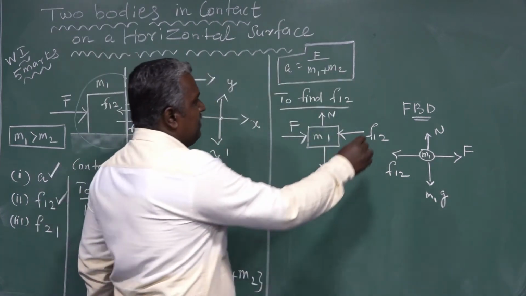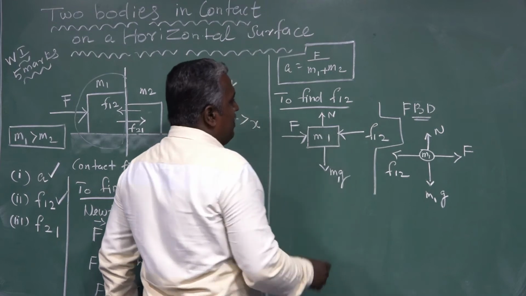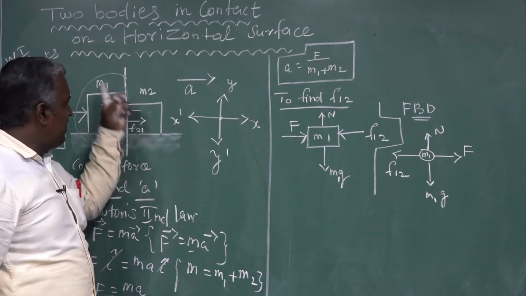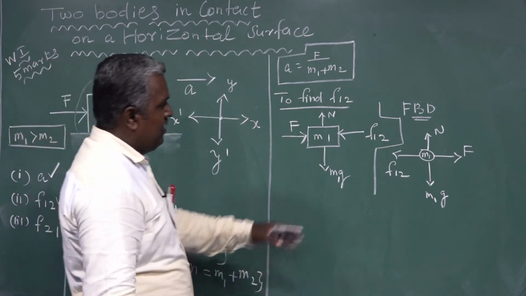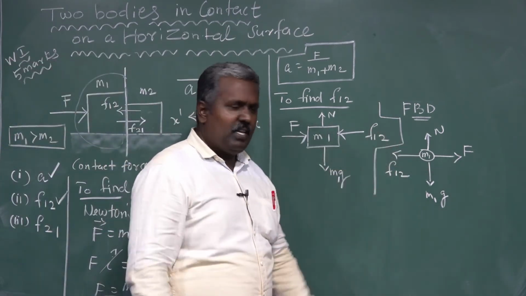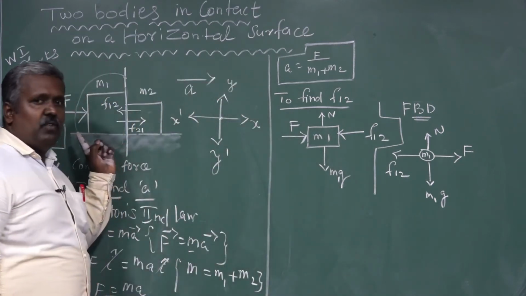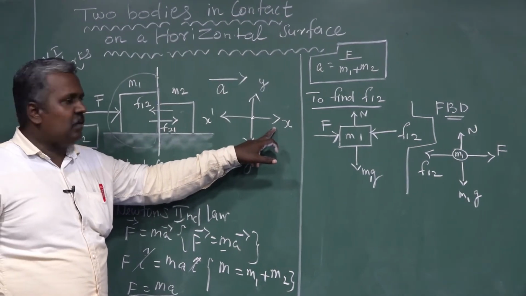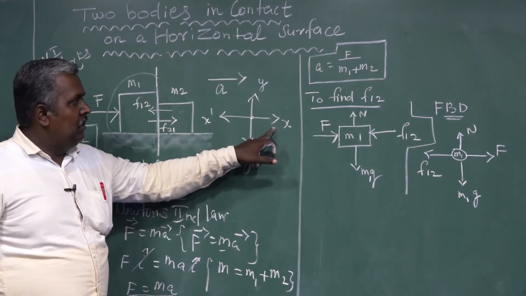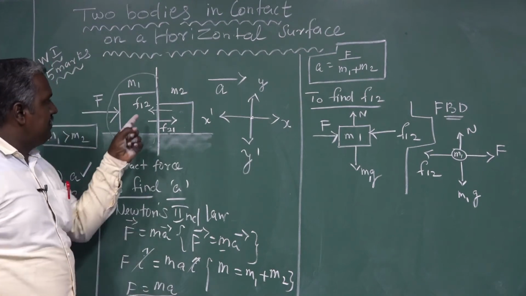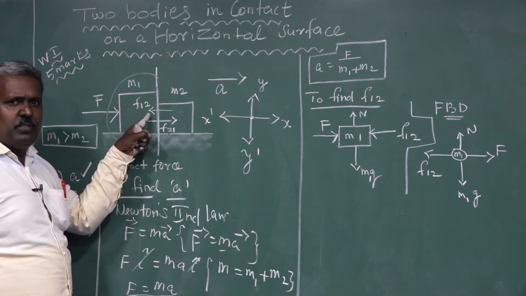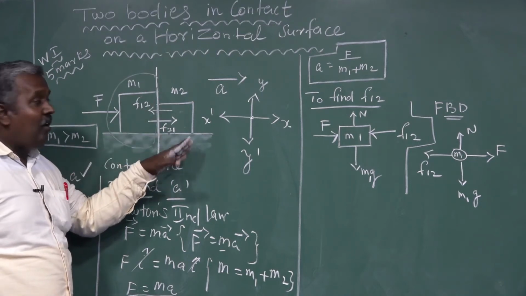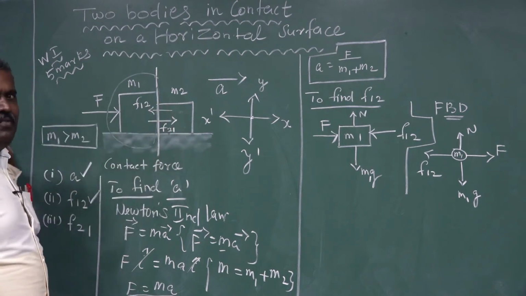Free body diagram for the block of mass M1. Now listen, already told you, N and M1g cancelled. What is the direction of the horizontal force on the system? Positive x direction. What is the direction of the contact force F12 by M2 on M1? Along negative x direction.